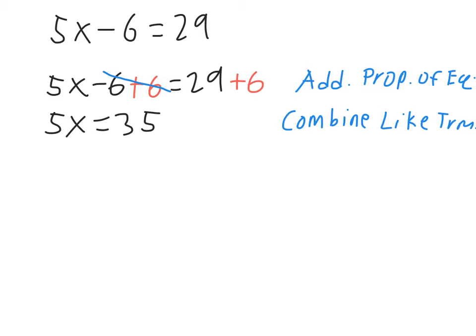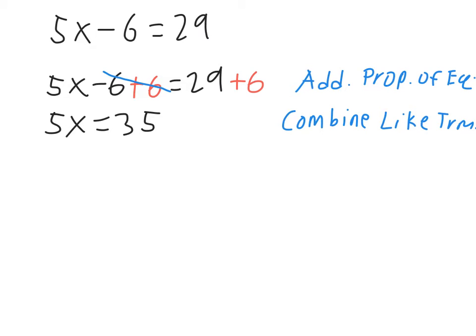Next, we see that this is 5x. Whenever you have a number next to a variable, they are multiplying. So this is saying 5 times x equals 35. If 5 times x equals 35, we need to find out what x is. To do that, we need to do the opposite.